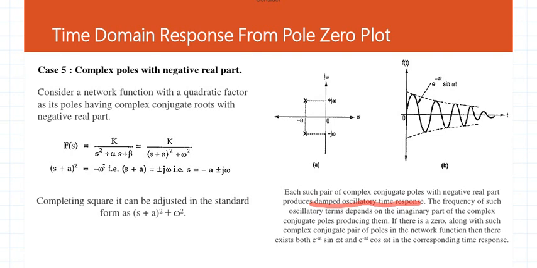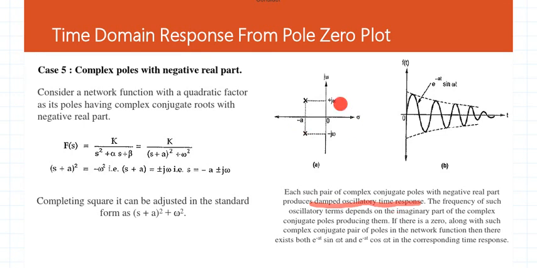And what else? The frequency of such an oscillatory term depends on the imaginary part of the complex conjugate poles producing it. So as these poles move away from the origin, the frequency of the signal changes.